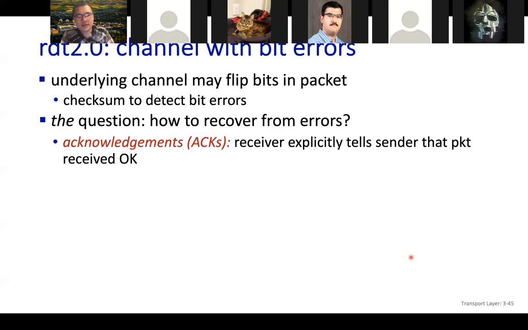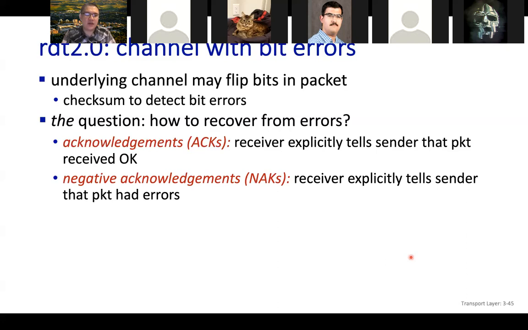We have to let the sender know whether I have received the data or not, and whether my received data is corrupted or not. That means we need to send acknowledgements explicitly to tell the sender that the packets had been received okay or not okay. If it's not okay, it's a negative acknowledgement. If it's okay, it's an acknowledgement. ACKs and NAKs. These are the two abbreviations you should remember. We will see them many times later.